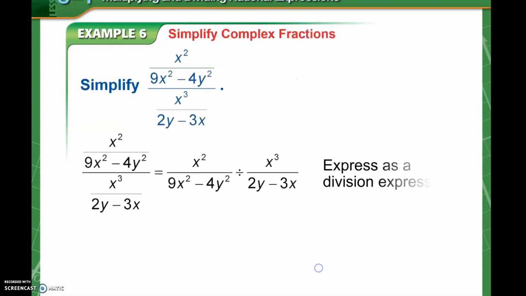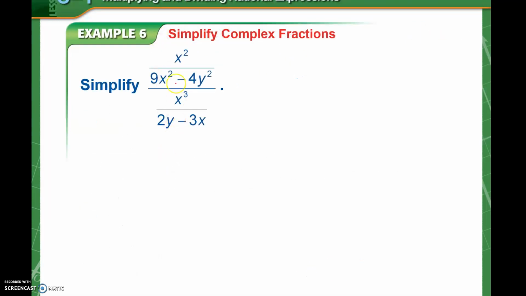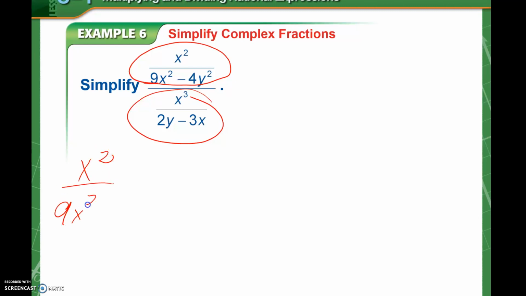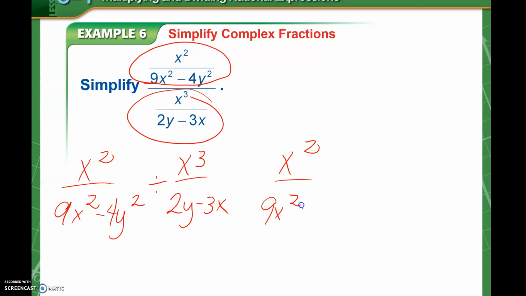I want to look at one extra one. These complex ones look scary, but it is basically this divided by that. So it's the same as x squared over 9x squared minus 4y squared divided by x cubed over 2y minus 3x. And we'll do the same thing. Flip this one. So x squared over 9x squared minus 4y squared times 2y minus 3x over x cubed.